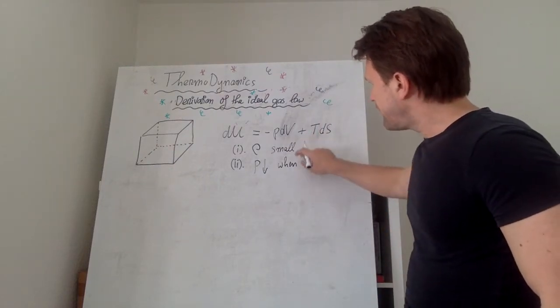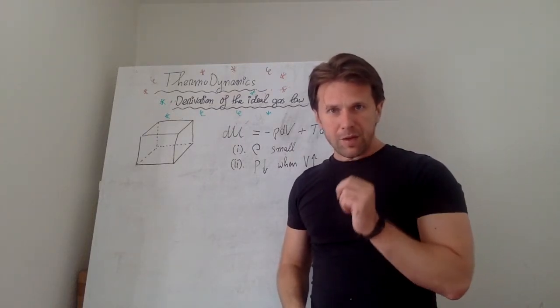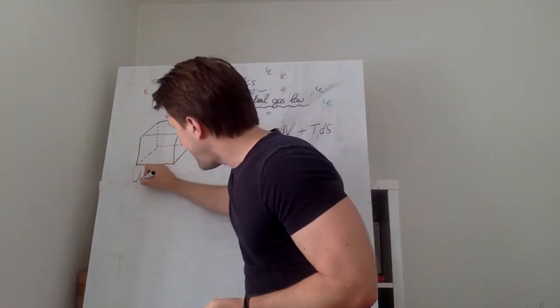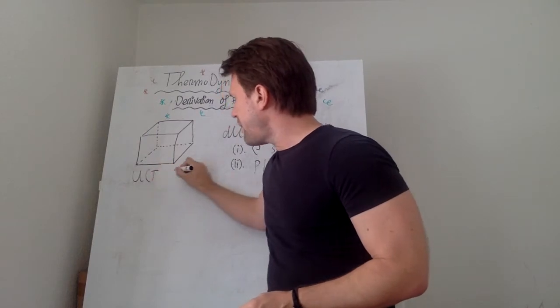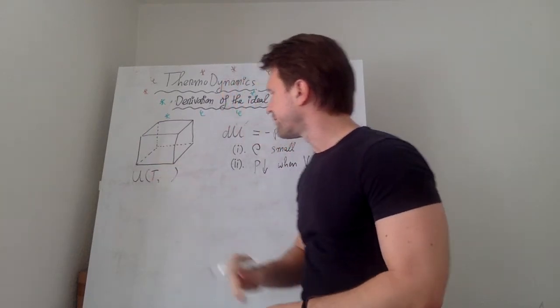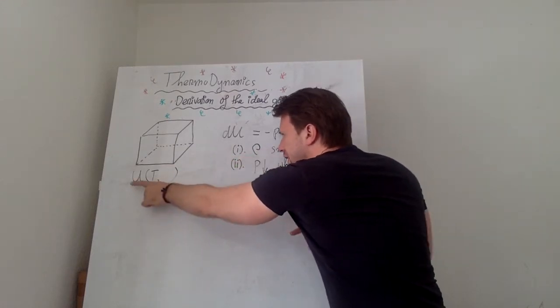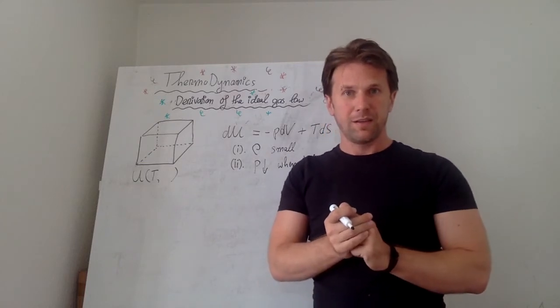Now I'm going to start with this first assumption, that the density is a small number. That assumption has an immediate consequence, namely that the energy of the stuff in the box can only depend on the temperature. This assumption is going to say that the energy is only a temperature dependent function.